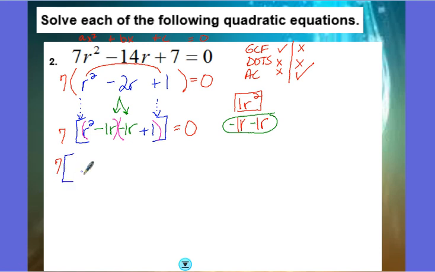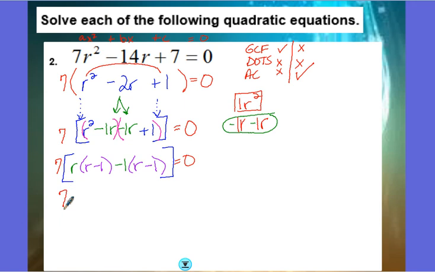And here we're going to end up with a GCF of r times r minus 1, and then a GCF of negative 1, since the leading coefficient of the first term is negative. Left with r, and then 1 divided by negative 1 is minus 1. I can close my brackets and set the entire equation equal to 0.